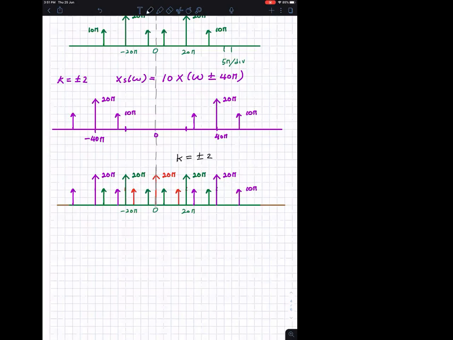So as you move on, the pattern will be repeated. As you move on, there will be more, and so on. But this is sufficient.